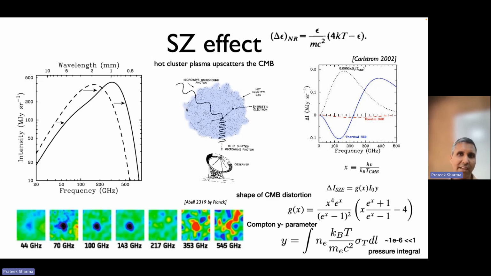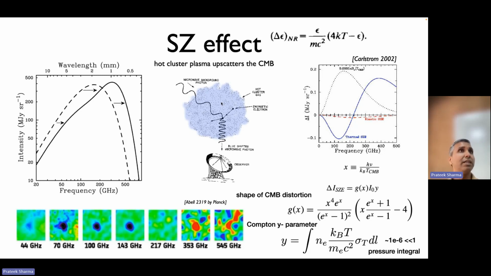You have this galaxy cluster. This is the hot cluster gas or the intracluster medium. There is a CMB. The CMB photons are coming in all directions. Now, at the nearby redshift, the CMB temperature is 2.73 Kelvin. Now, the temperature of the galaxy cluster gas is 1 keV, right?